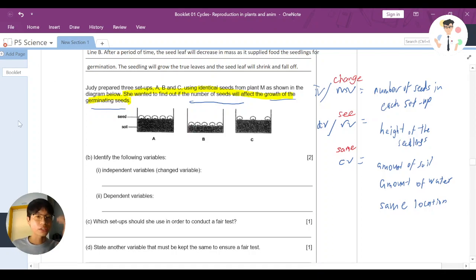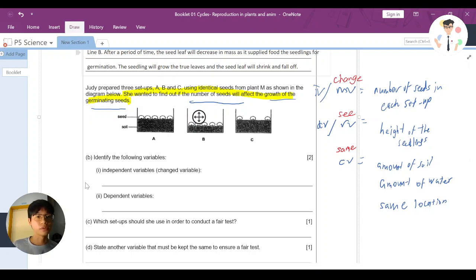Okay. So now let's come back to here. B1, independent variable. So as you can see here, this is basically our independent variable. I'll just type here for you also.